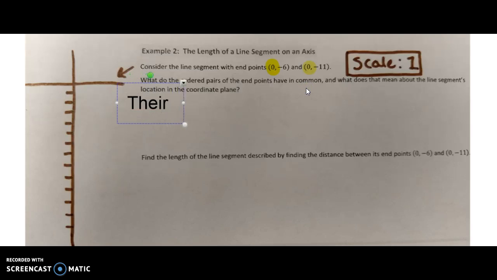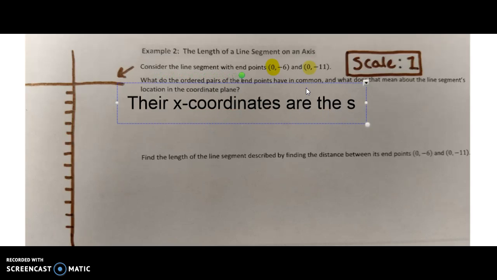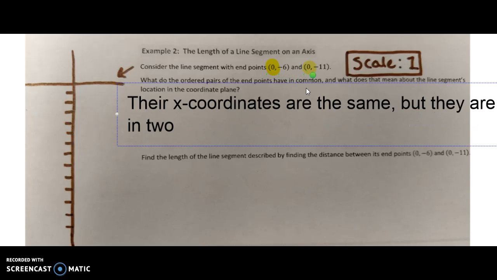Their x-coordinates are the same, but they are in two different... Did I skip a part here?